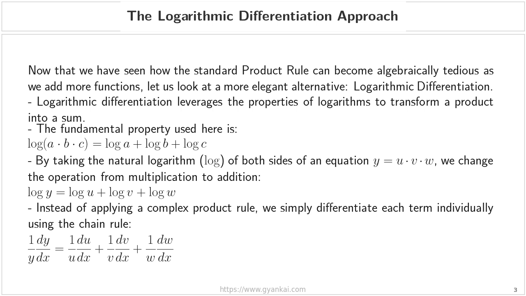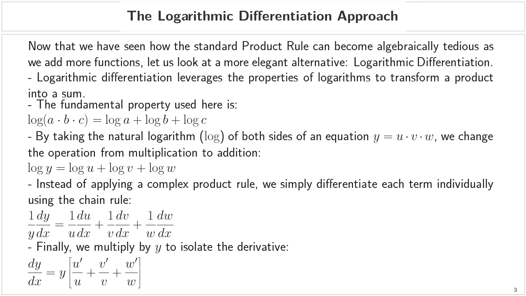On the left side, the derivative of log y is 1 over y times dy over dx. On the right side, we get 1 over u times du over dx, plus 1 over v times dv over dx, plus 1 over w times dw over dx. Finally, to isolate the derivative we are looking for, we multiply the entire equation by y.